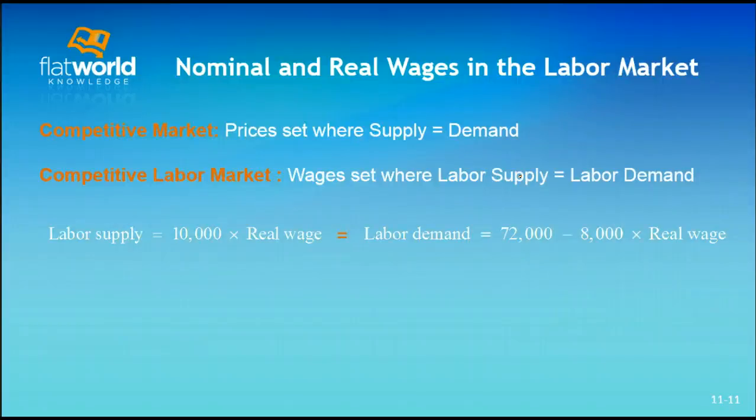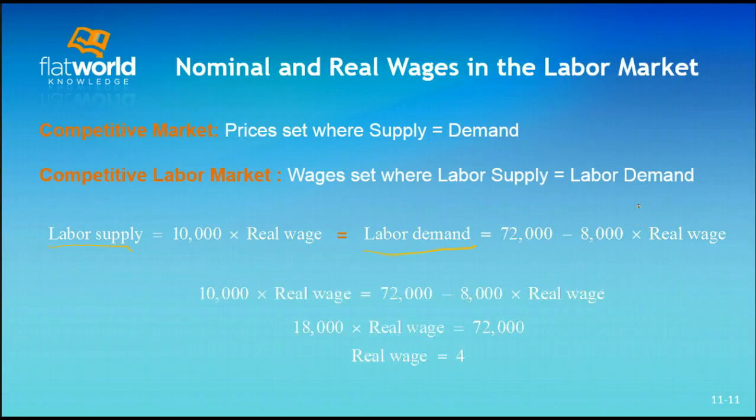Let's just take two examples. We say that labor supply in our particular labor market, for the purposes of our evaluation, is calculated by 10,000 times the real wage. Now, in order for this market to be competitive, labor supply must equal labor demand, which means if labor demand equals 72,000 minus 8,000 times the real wage, we put those two pieces together.